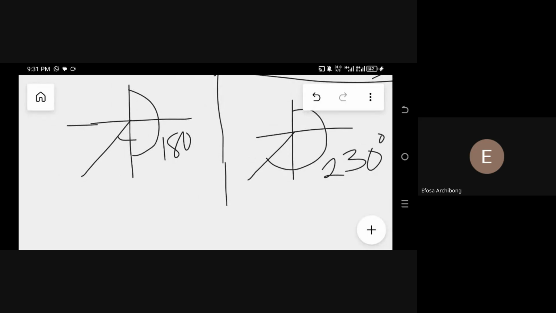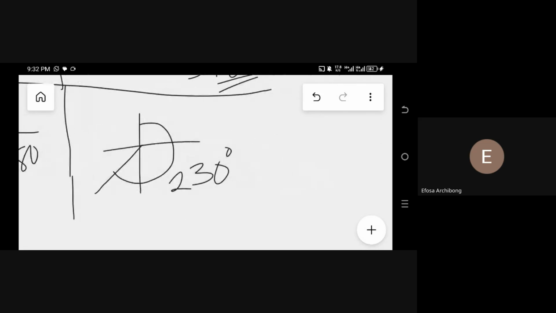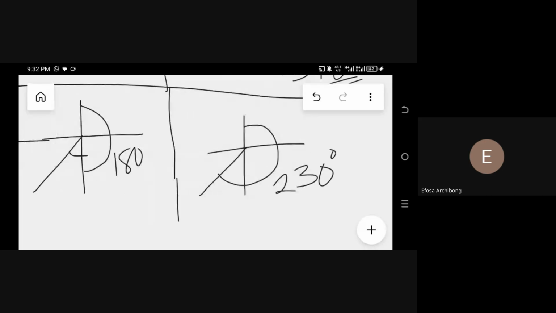So what is this extra angle that was added to the 180 that made us get 230 degrees? An extra was added to it. That's why we have 230 degrees, because only from the north to the south is 180, but then it proceeded a little bit past the south, and we said everything is 230.